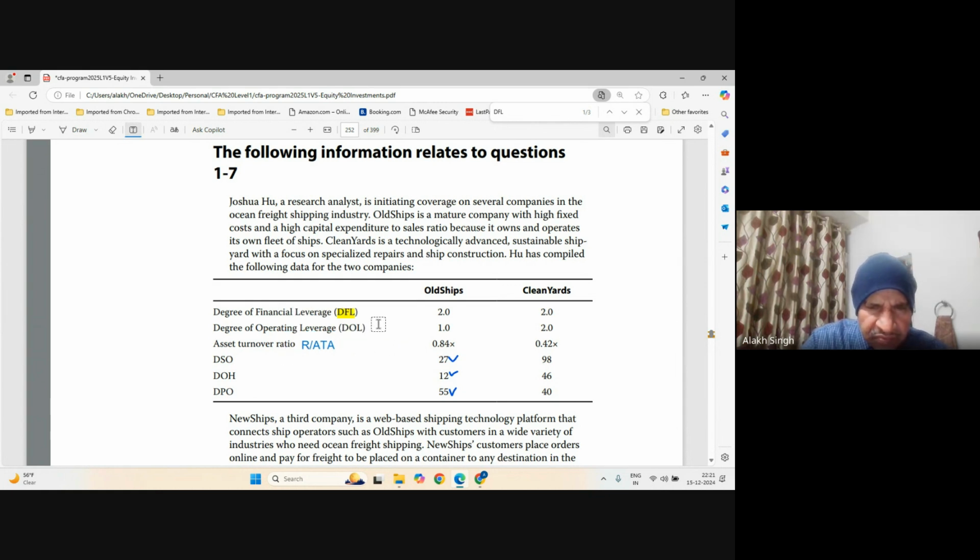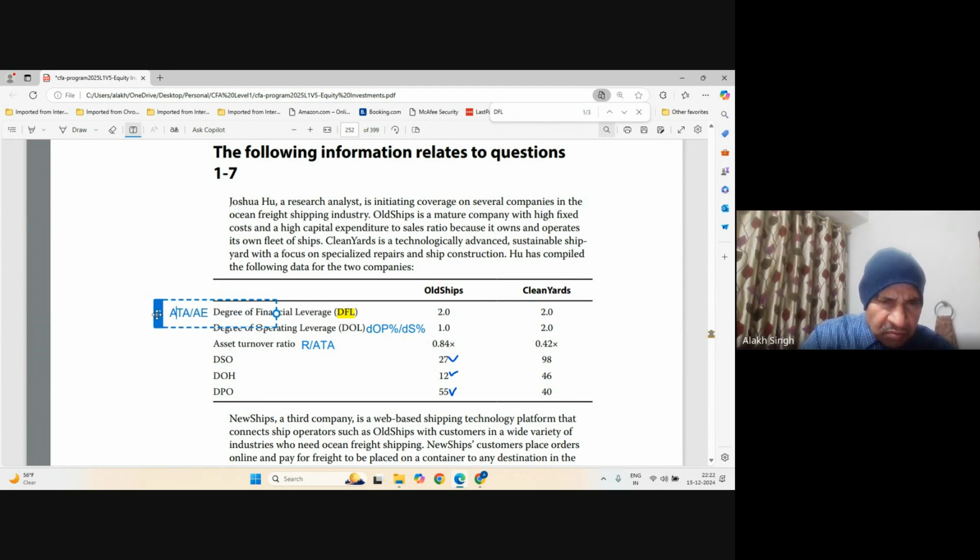Degree of operating leverage, we had studied: percentage change in operating income divided by percentage change in sales. And degree of financial leverage, I again forgot the formula, though it was average total assets divided by average equity. That was our degree of financial leverage.